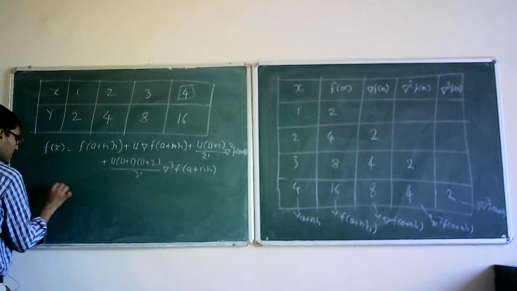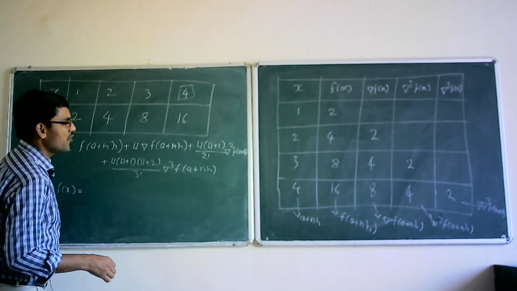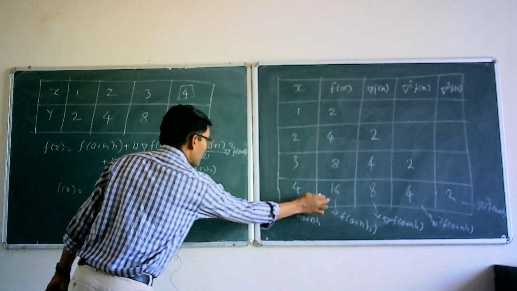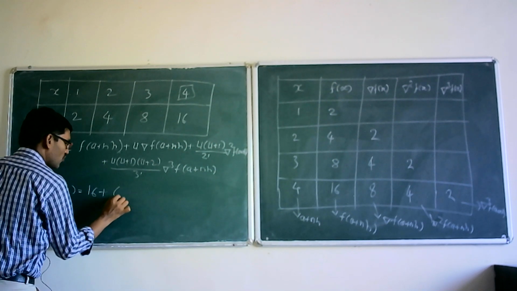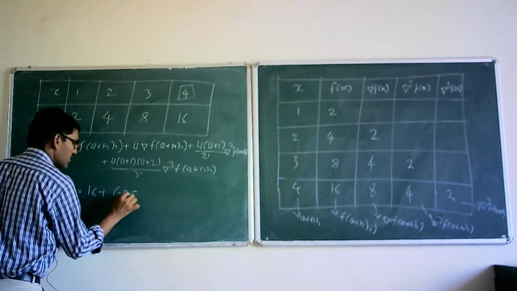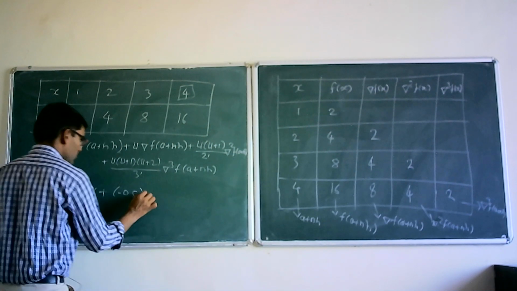So if you solve this, f of a plus nh is 16, u is minus 0.5, into del f of a plus nh, which is 8.